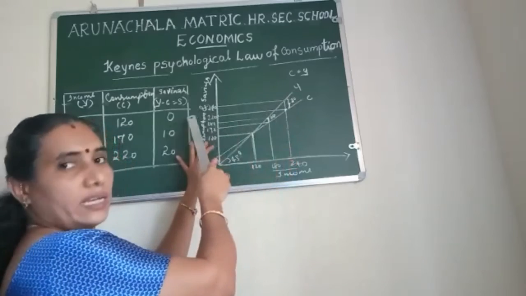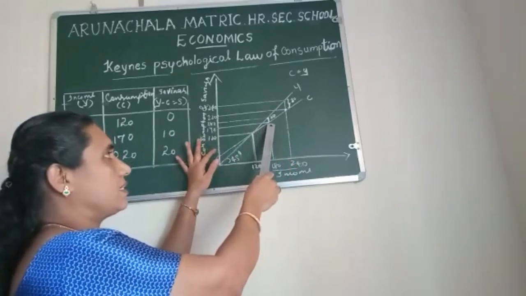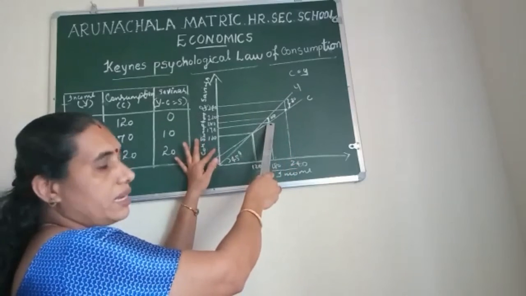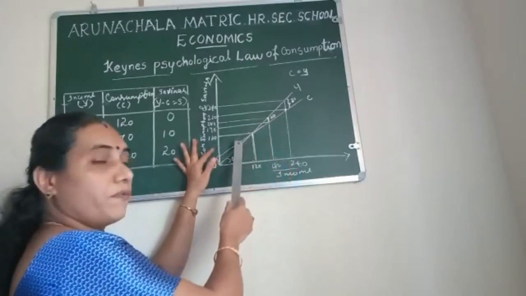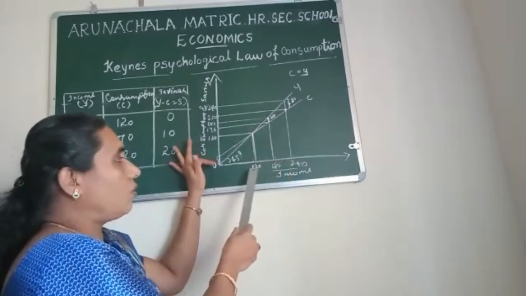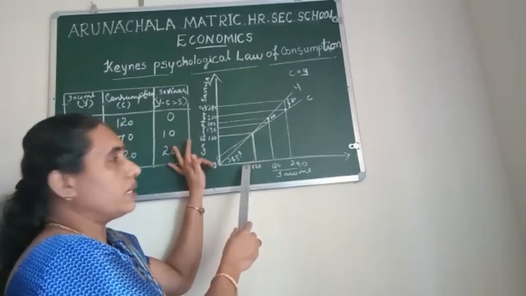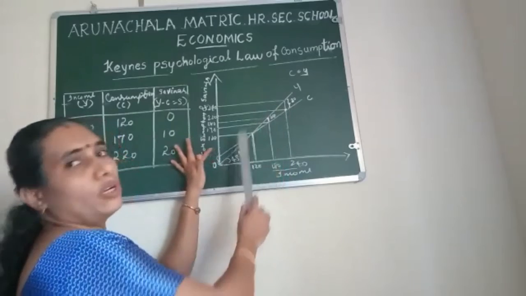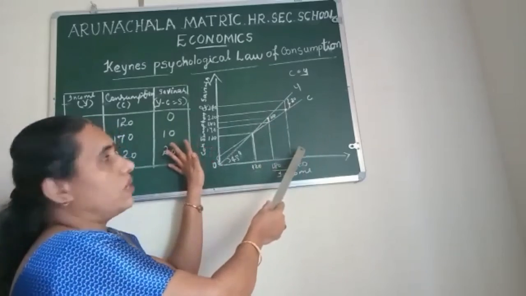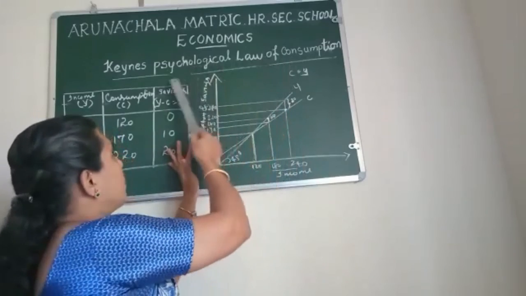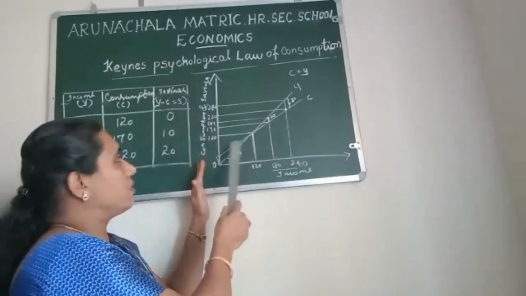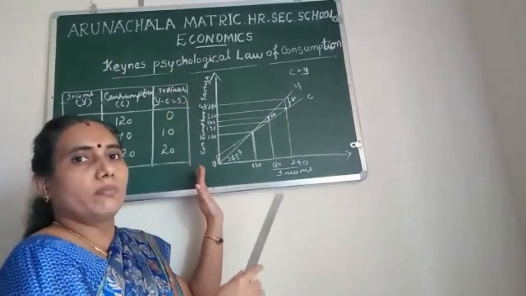Initially there were no savings, after that savings increased to 10, then increased to 20. So if the income increases, both consumption as well as savings increase for the consumers. So this is the psychological law of consumption. It was proposed by J.M. Keynes. His full name is John Maynard Keynes.